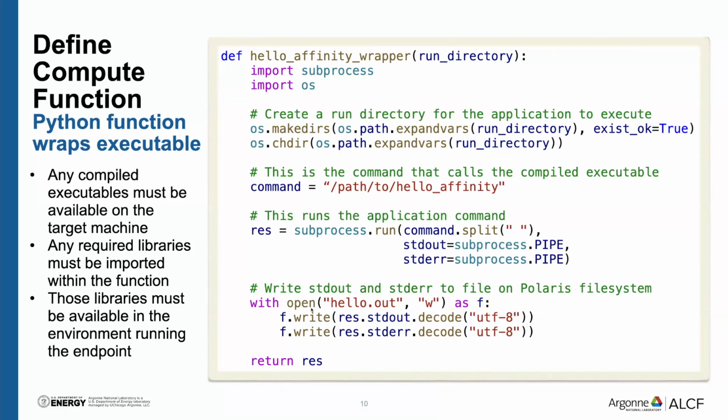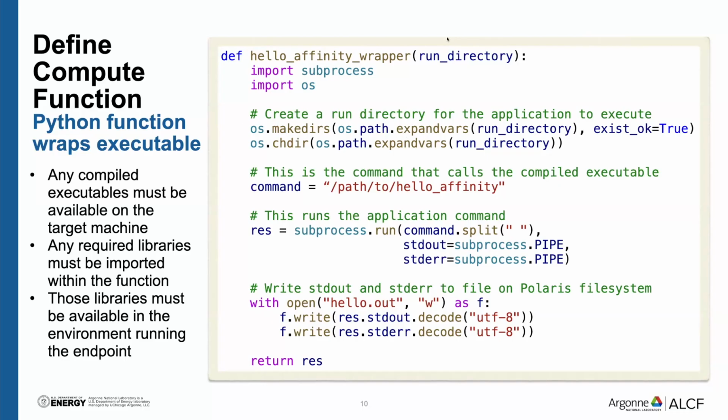And here I show you an example of how you would write out the standard out and standard error to a file, containing that information into a file called hello out. And this should be written to a path in the directory where you run this.